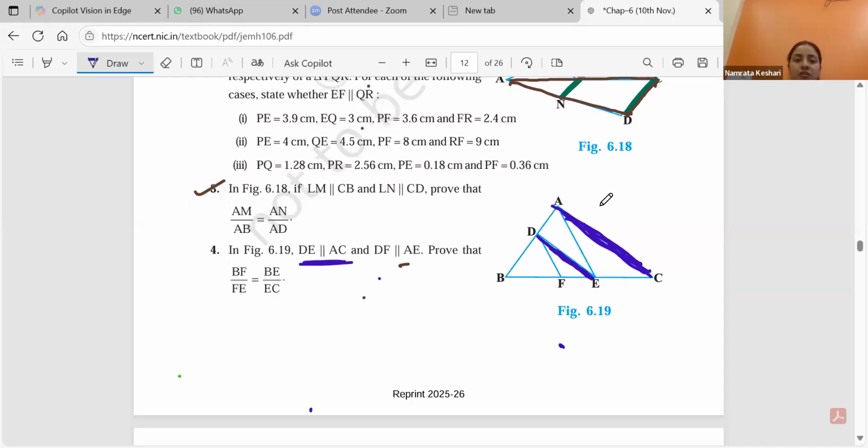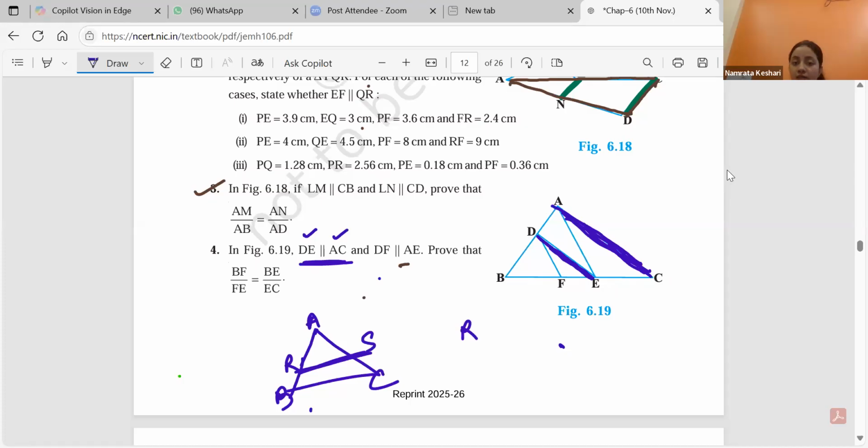We need to pick a triangle where either DE or AC is one of the sides. You need to pick a triangle where you have a line parallel to one of its sides. This extra line, whatever be the name, RS or ST, must be parallel to one of the sides of the triangle.